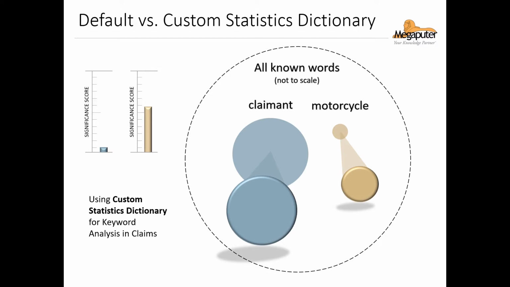However, a high prevalence of the word motorcycle would be considered significant in this case, perhaps indicating that the dataset contains a higher number of claims for motorcycle accidents, for example. Now, you can generate this type of custom statistics dictionary directly from the index node, and you can refer to the indexing video for more details on how to do this.